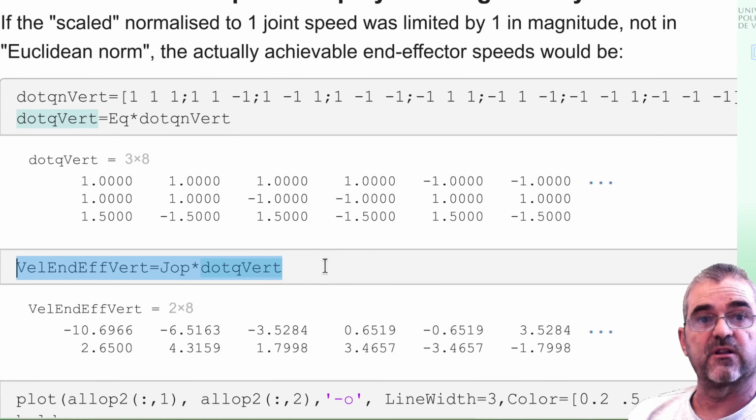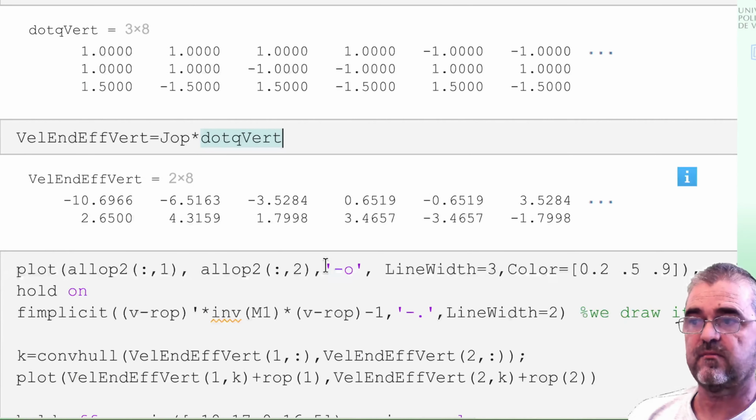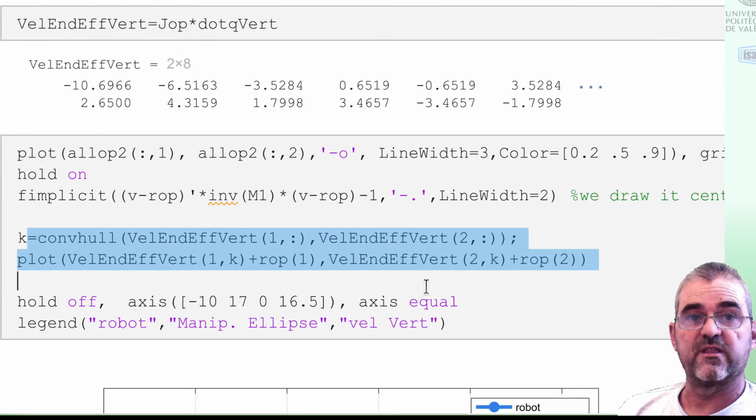So, if I multiply the Jacobian by those vertex velocities, I get the true extreme velocities. Then, with this convex hull stuff, okay, you can read the documentation, internalize why it works. I don't wish to delve into details here for brevity.